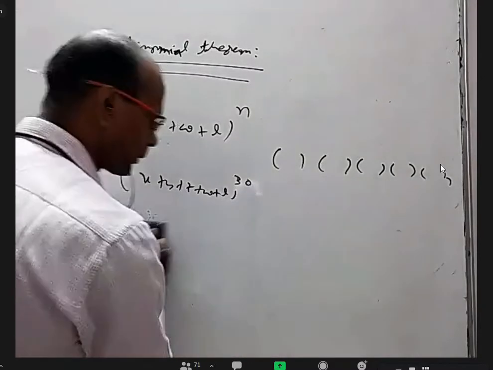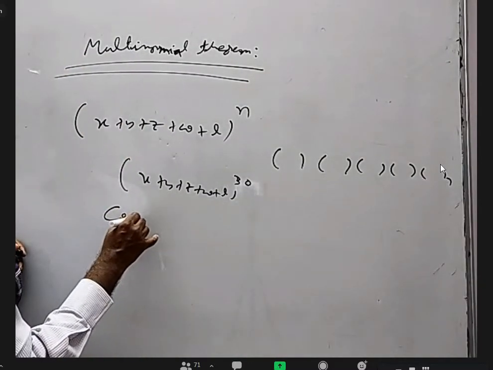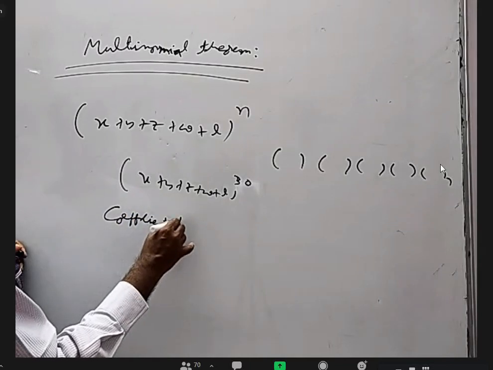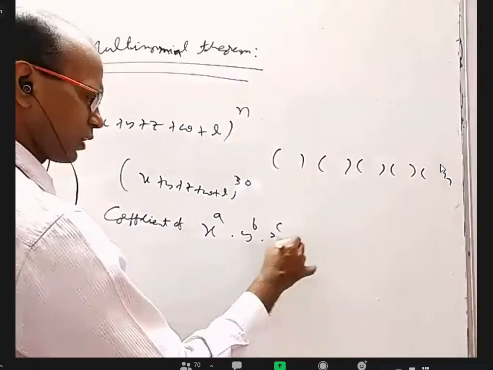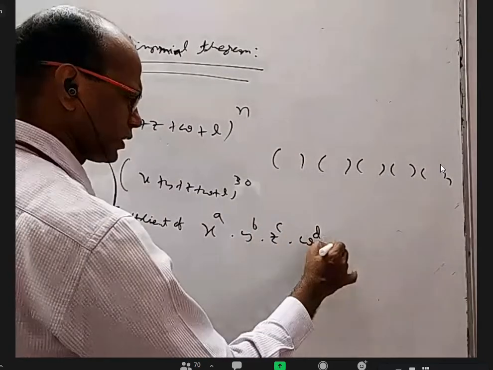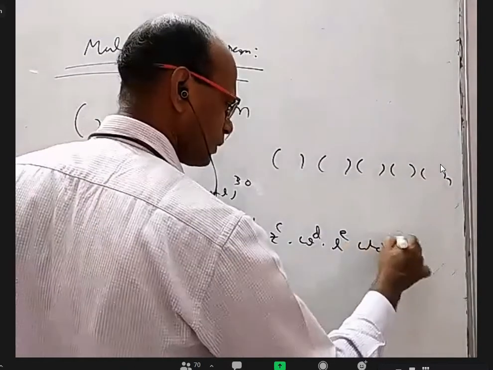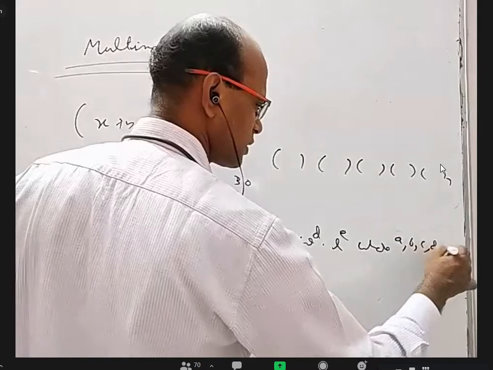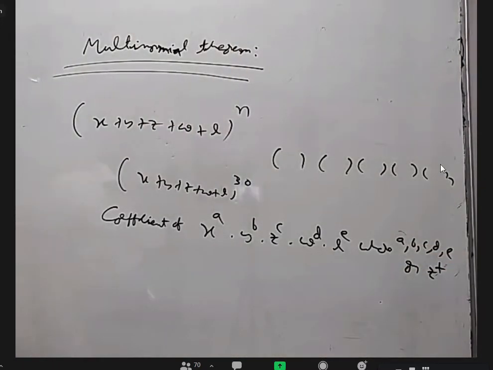Okay, so the coefficient of x power a into y power b into z power c into w power d into l power e, where a, b, c, d, e are positive integers. Now, how should I write whole numbers?